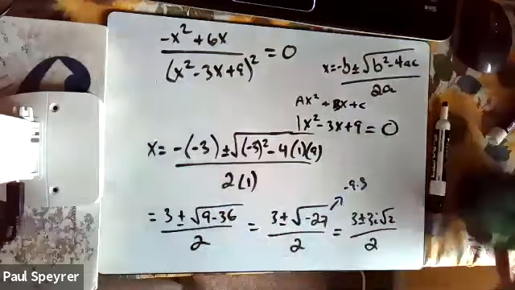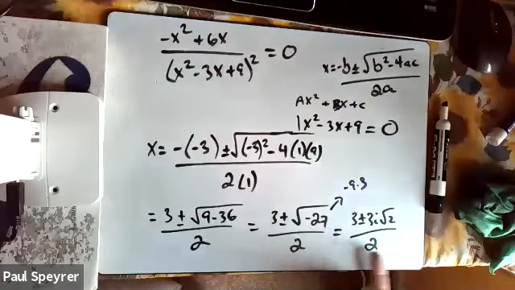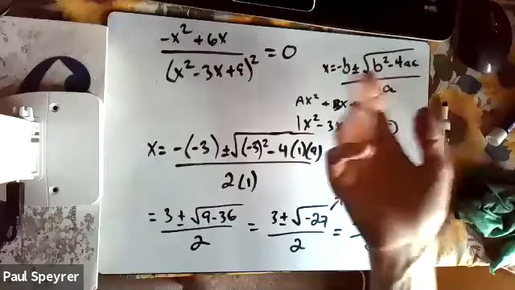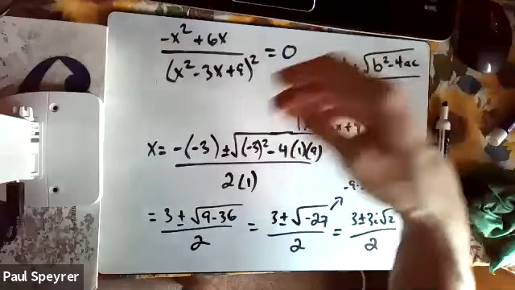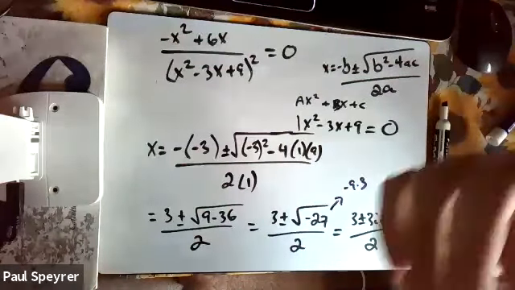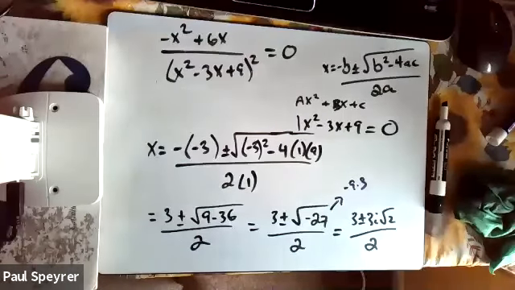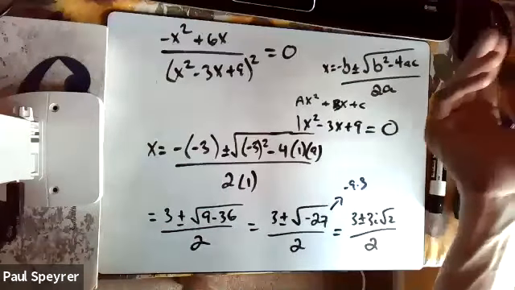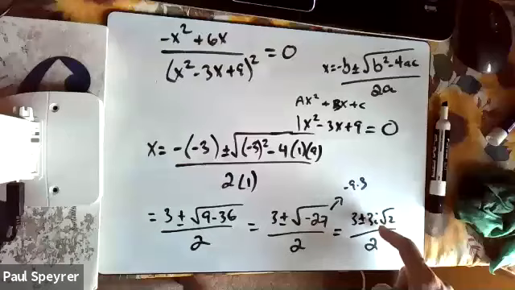So what does that mean? It means that if we could plug this into the original expression, we would get 0 in the denominator, which makes it undefined, which would count as a critical value. But the problem is we can't plug this into the original function. It's kind of worthless in this sense, because you have imaginary numbers.